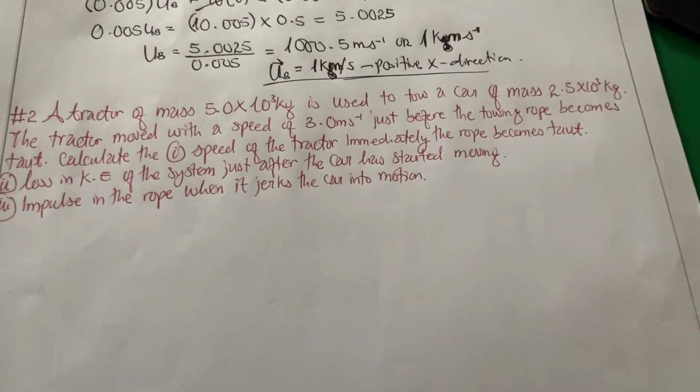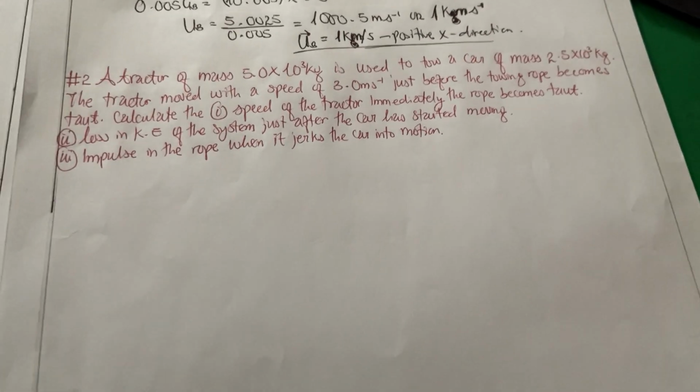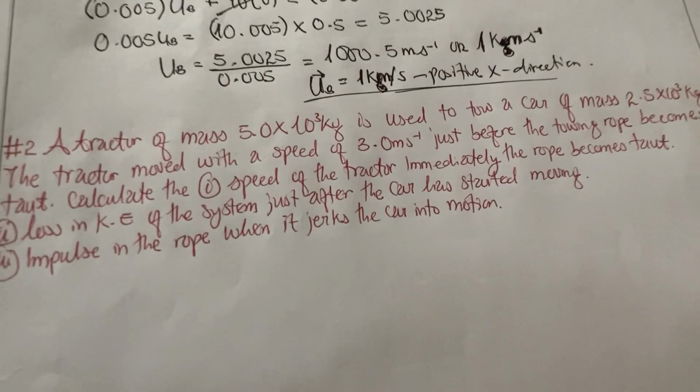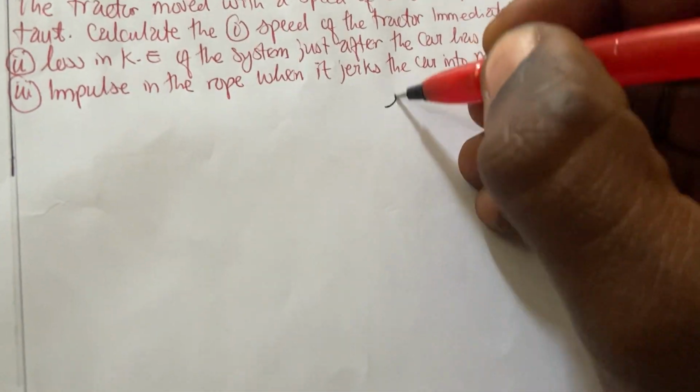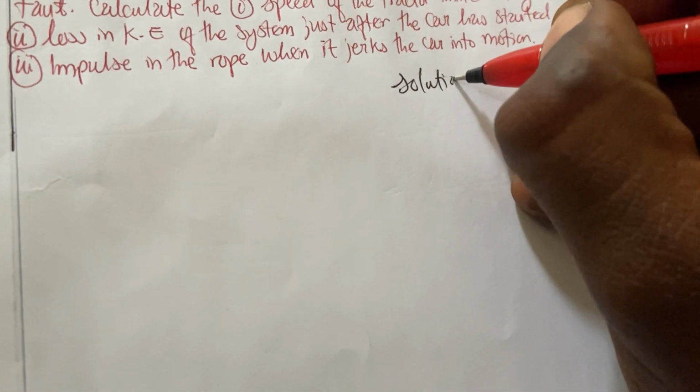All right, question 2. A tractor of mass 5.0... Let's just start by bringing out our parameters.